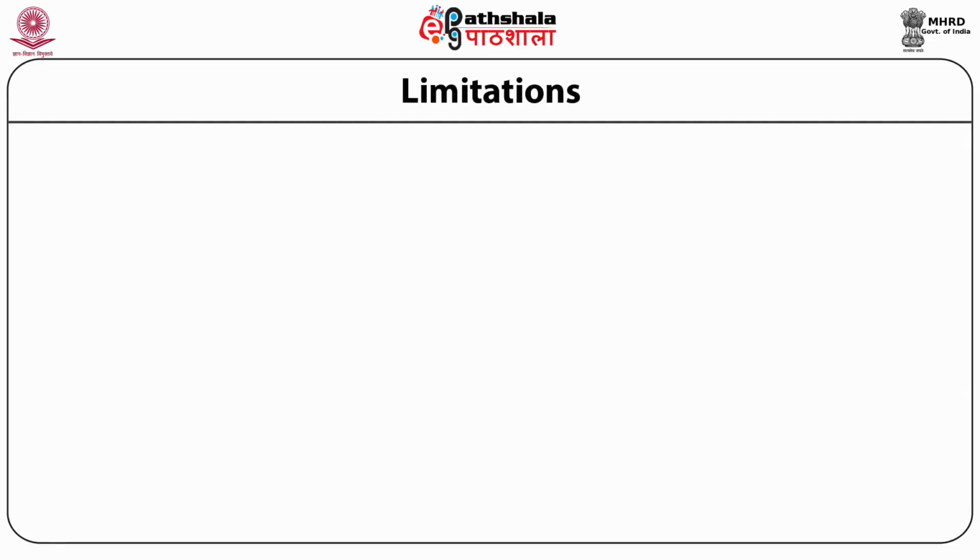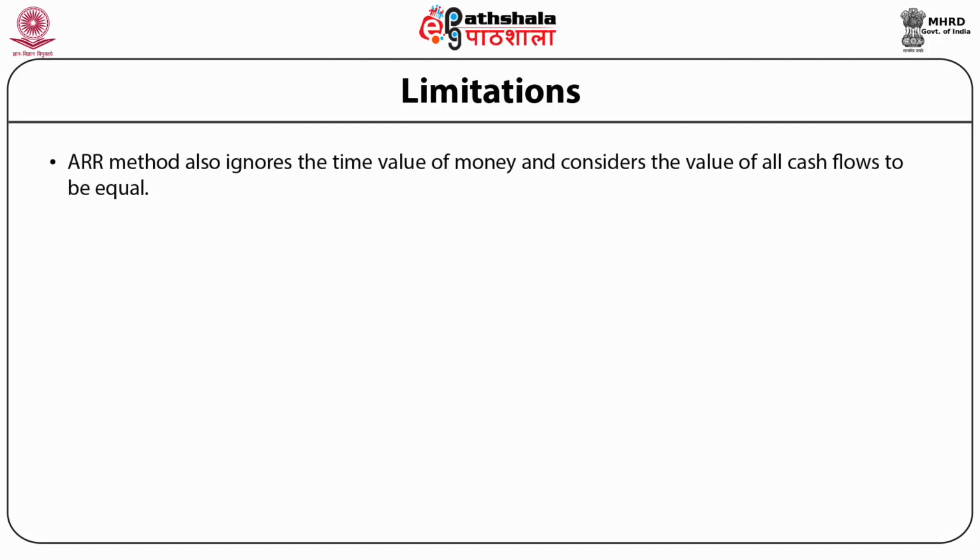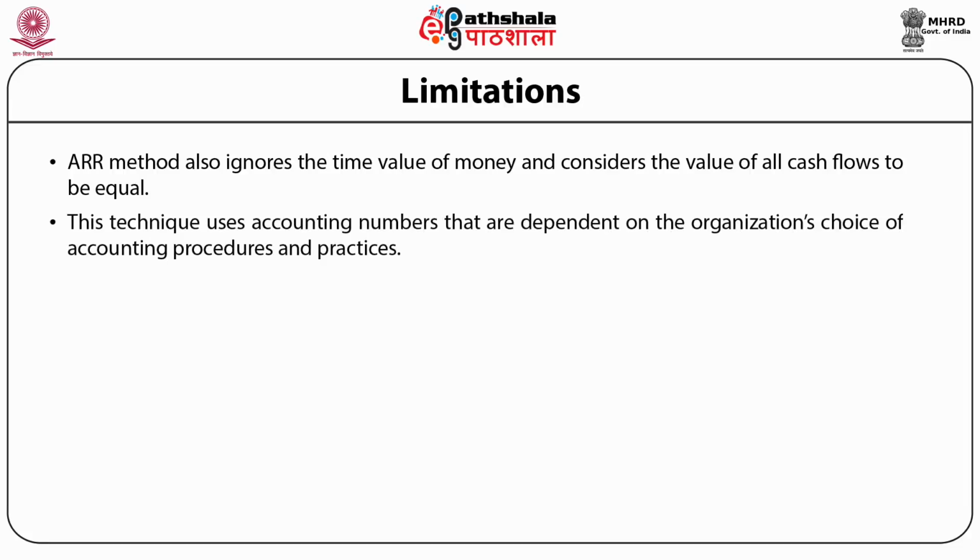Limitations of the method. The first one is that the ARR method also ignores the time value of money like the payback period method and considers the value of all cash flows to be equal. This technique uses accounting numbers that are dependent on the organization's choice of accounting procedures and practices.